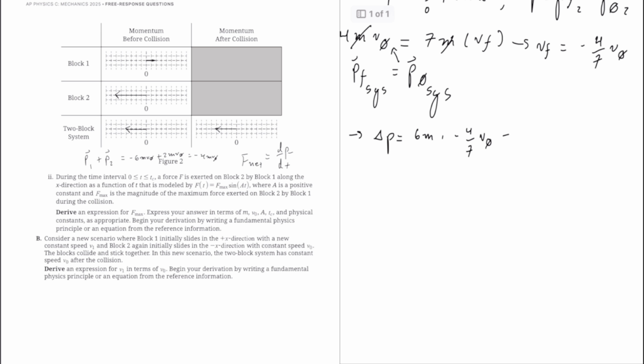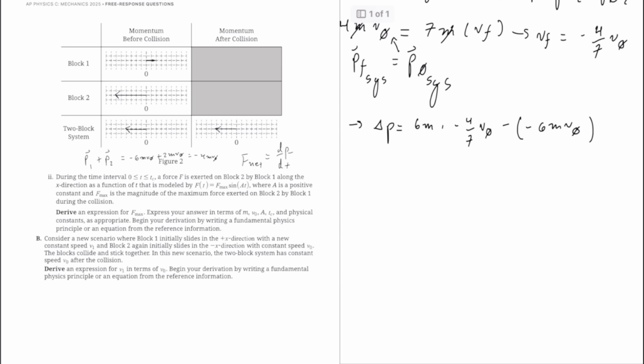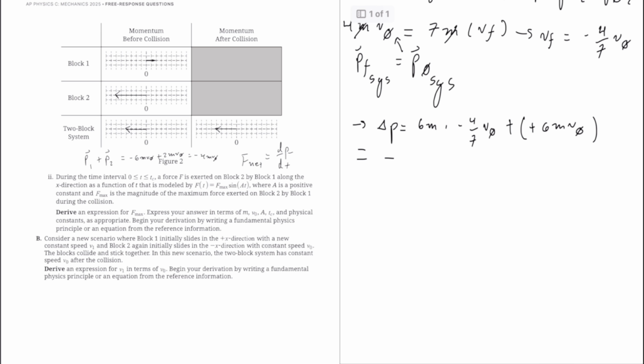And now we're going to do minus, and the initial momentum was negative. And negative negative gives me a positive, right? So now this becomes negative 24/7 mv naught plus 6 mv naught. This is so much work.